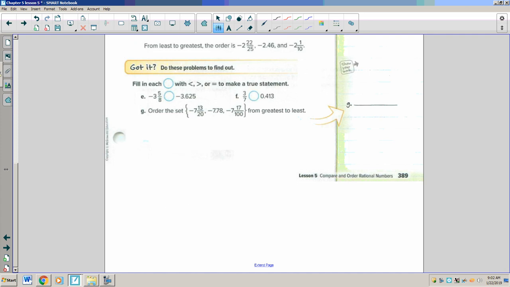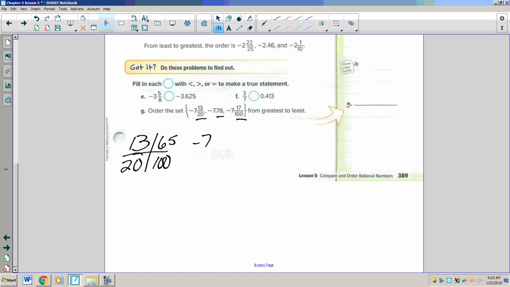If you look at G, negative 7 and 13/20, negative 7 and 78/100, negative 17 and 7/100. Hundreds, make it hundreds. I think that's the easiest way to do that. 13/20, I multiply it by 5, would give me 65/100.